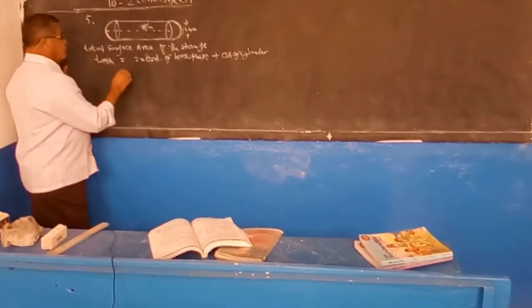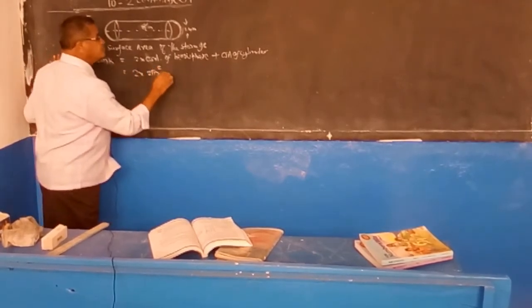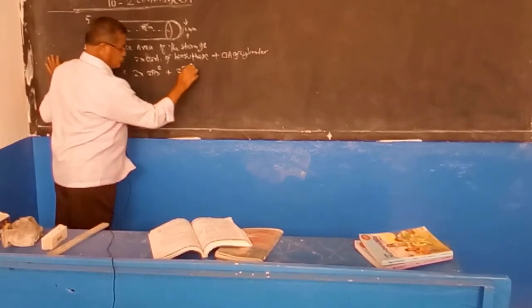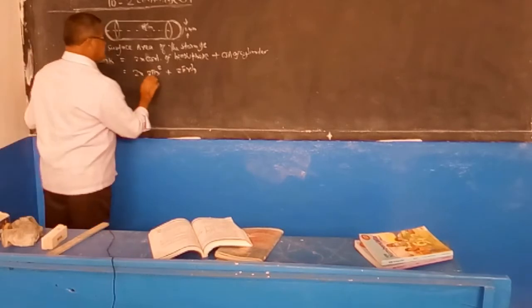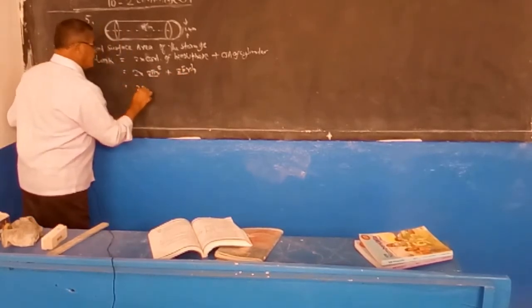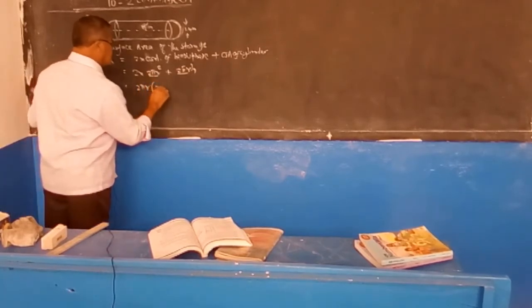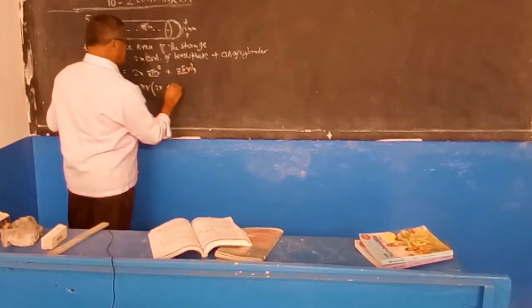Next, write the formula: 2 into 2 pi r square plus 2 pi r h. Taking 2 pi r common, here remains 2r plus h.